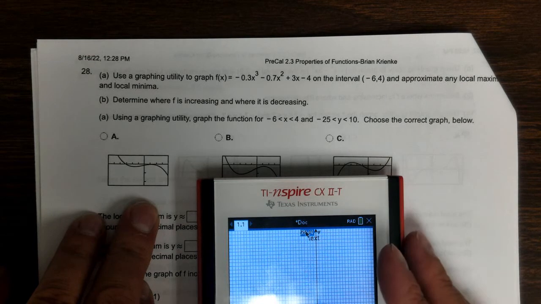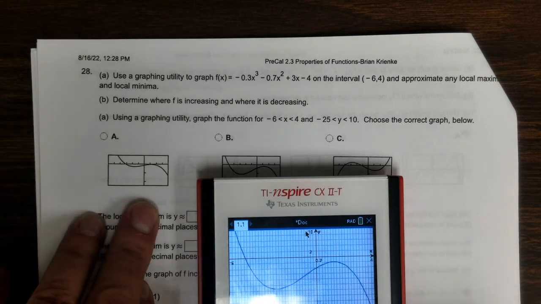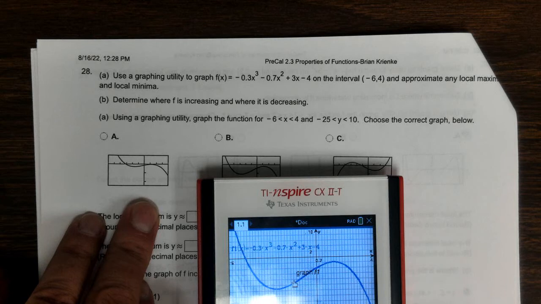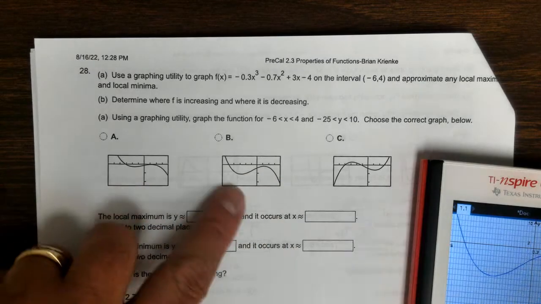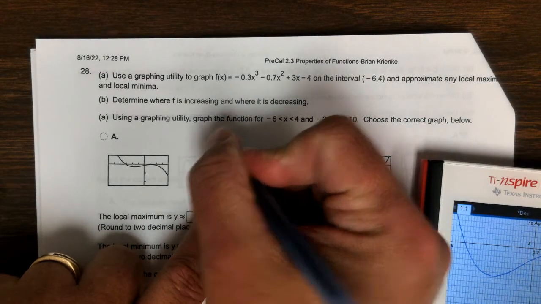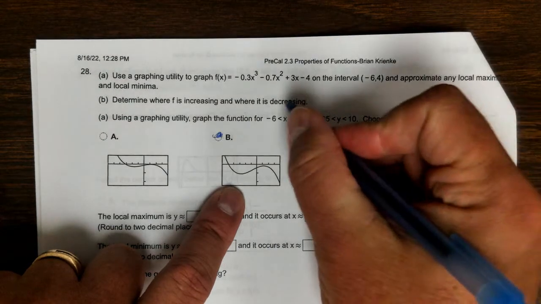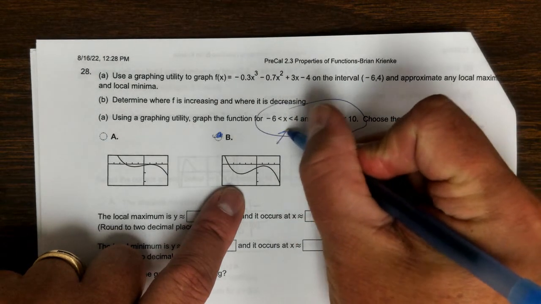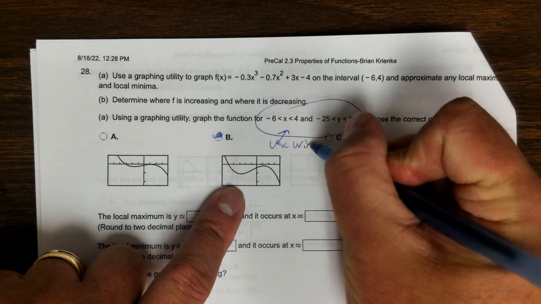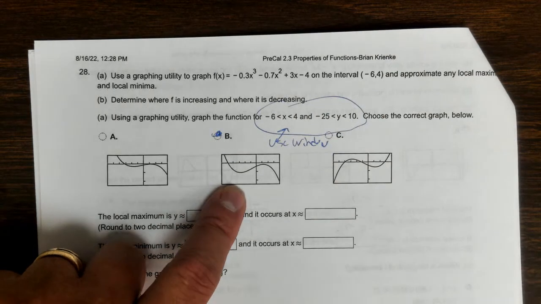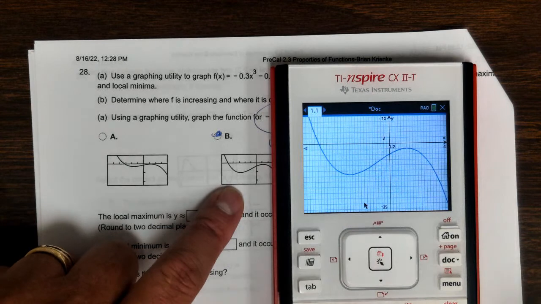And as we change these, it's going to look more like one of the choices. And now you can actually see it's choice B. So use your window. So that's what we had to do.